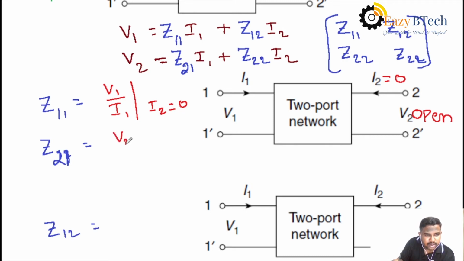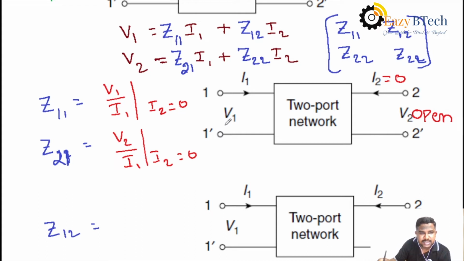What is the formula here? V2 by I1 at I2 equal to 0. That means you have to find out Z parameters with I2 equal to 0. In the given circuit problems also, you can make the second current I2 equal to 0. Then you have to calculate the values of V1, or derive the equations of V1, V2 in terms of I1. Then find out Z11, Z21.